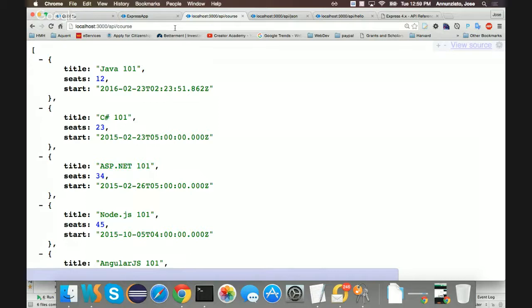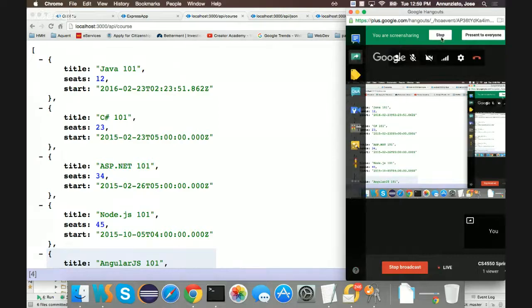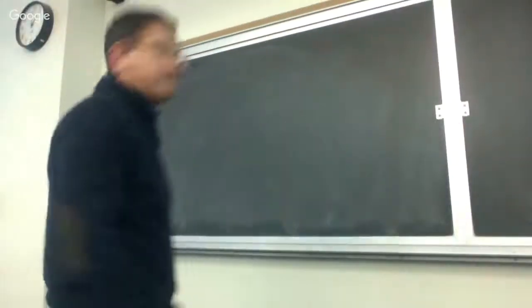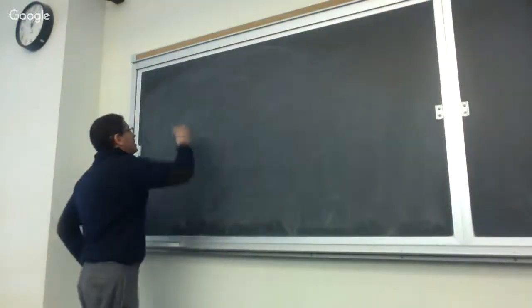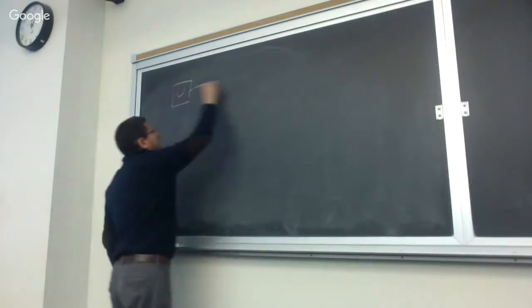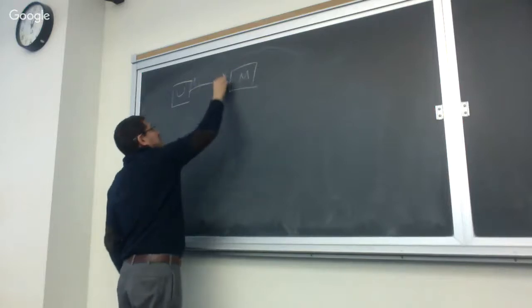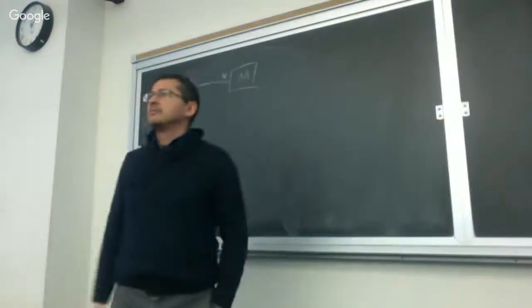So, for instance, if you have a UML diagram that looks like this, say you have a user here that has a library of movies. So you have one user has many movies.